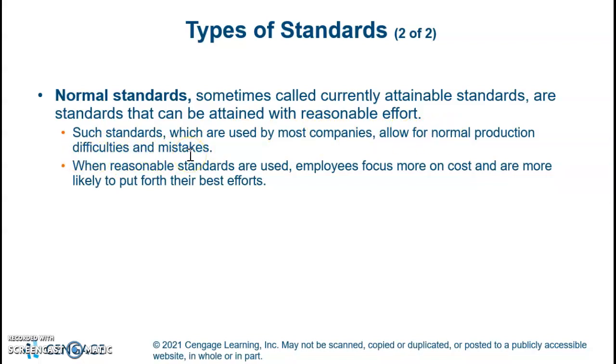So we are all human and we make mistakes, and those normal mistakes are built into this kind of standard called normal standards or currently attainable standards. So when reasonable standards are used, employees focus more on cost and are more likely to put forth their best efforts because they don't feel like what they're being asked to do is unreasonable or impossible.